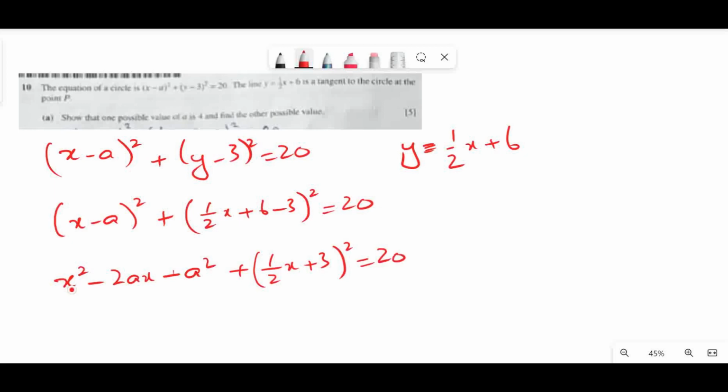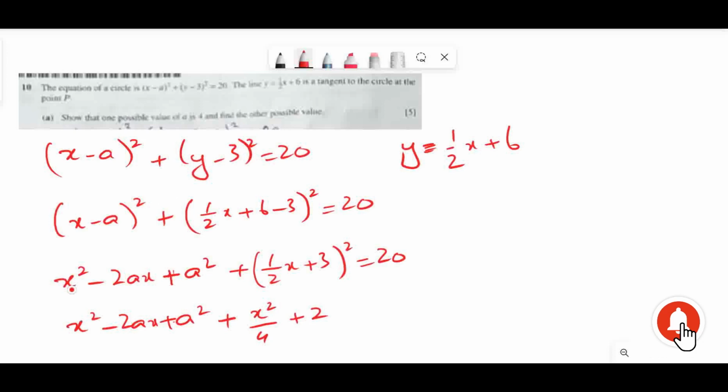Now this will be x square minus 2ax plus a square, plus, for the next part, x square by 4 plus 2ab, that is 2 into x by 2 into 3, plus b square. So b square is 9, is equal to 20.